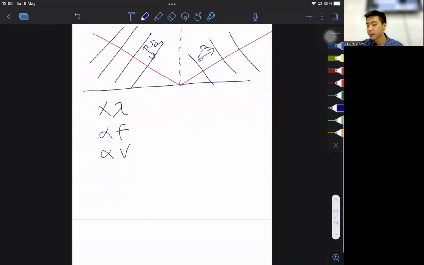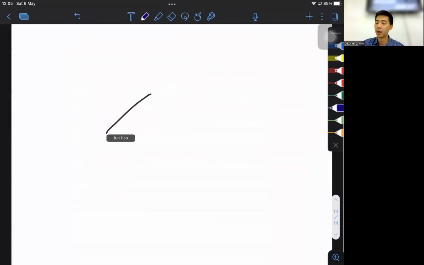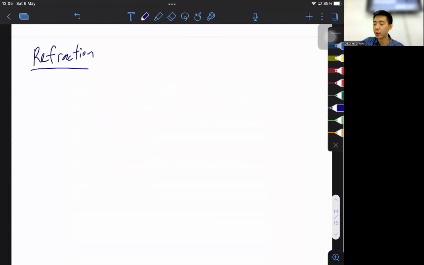Then what about refraction of water waves? In order to understand refraction of water waves, I want to ask first, is the deep region faster or the shallow region faster? Deep region. How do you remember it?